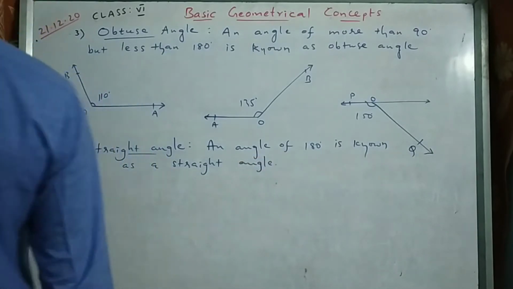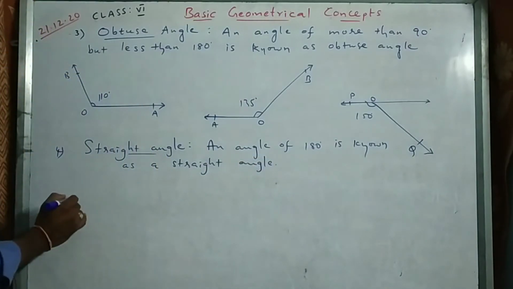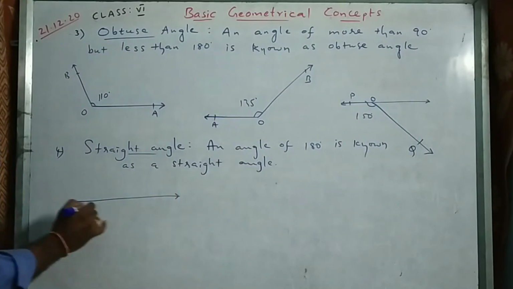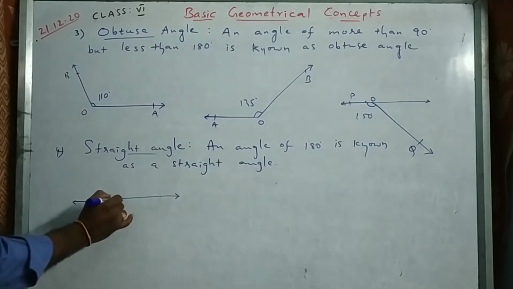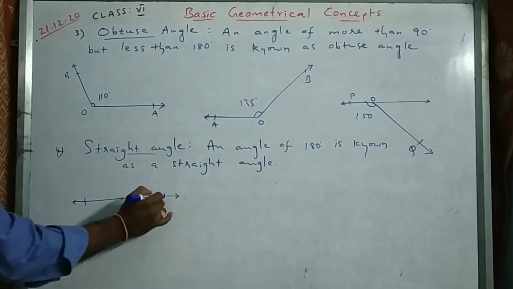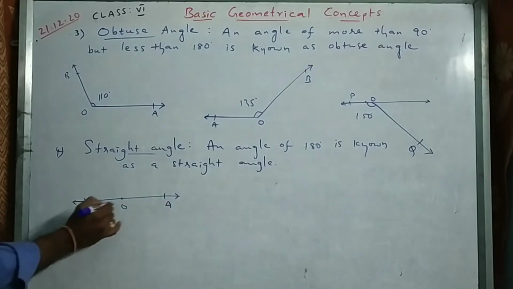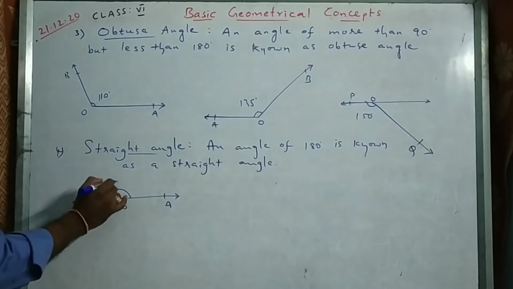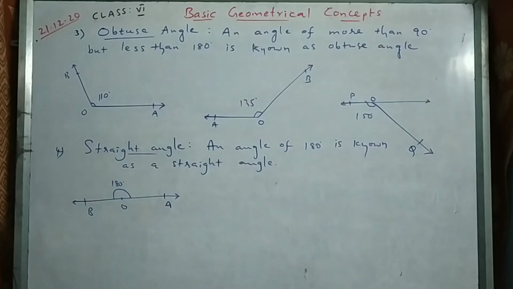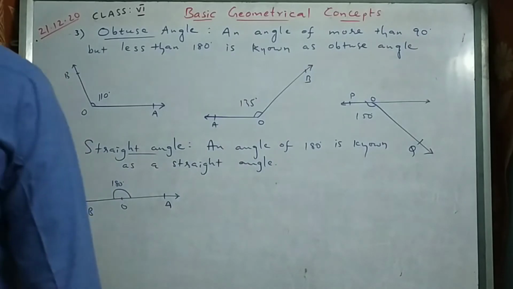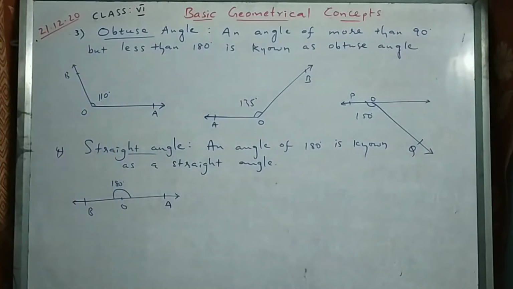Exactly 180 degrees, like this. So this is O, this is A, B. So this is called 180 degrees, right? It is a straight angle. You can take any other direction also, no problem.